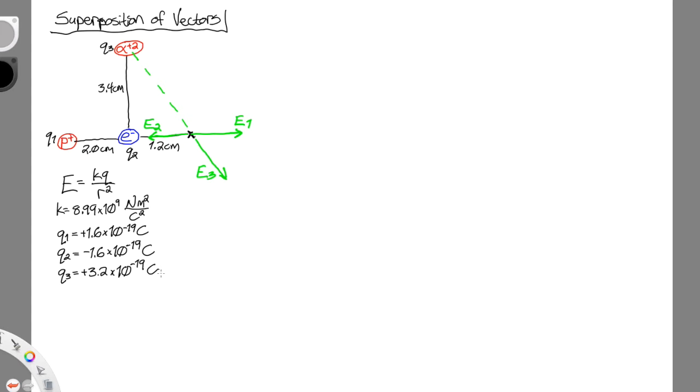The last thing we're going to need for this formula is our values for R. R1's pretty easy to come by. R in this equation is how far is the point where you're measuring the electric field from the charge that's causing that electric field.